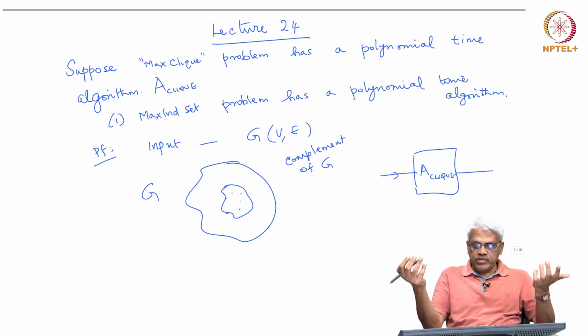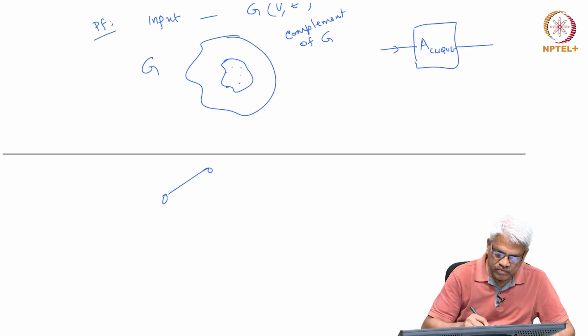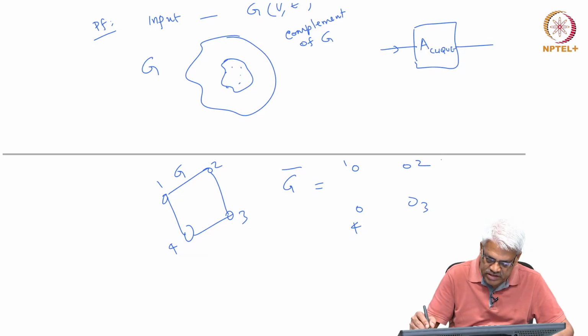That is called the complement of G. So if this is my graph, G complement would be on the same vertex set. 1 2 is an edge, so 1 2 will not be an edge here. 1 3 is a non-edge, so here it will be an edge. 2 4 will be an edge here. 1 4 is an edge, so I will not have an edge. So this complement will have only the missing edges 1 3 and 2 4.